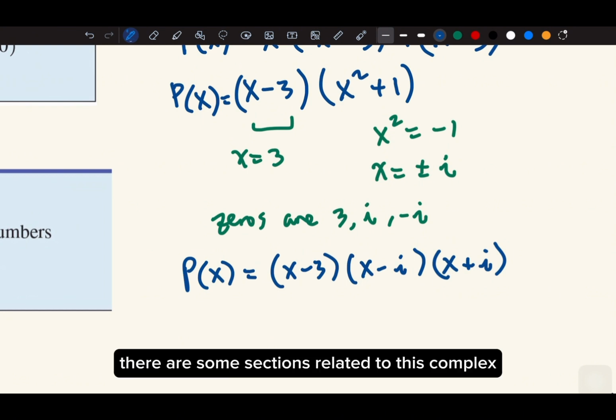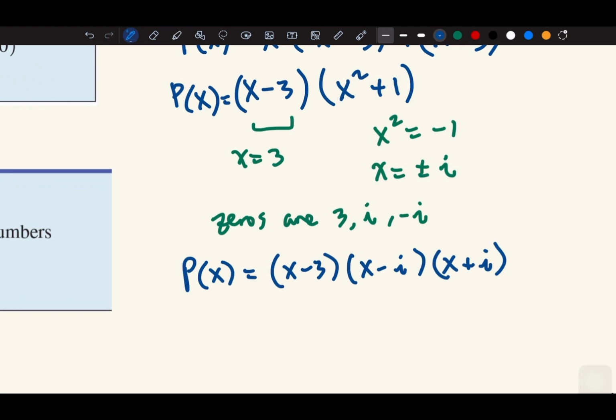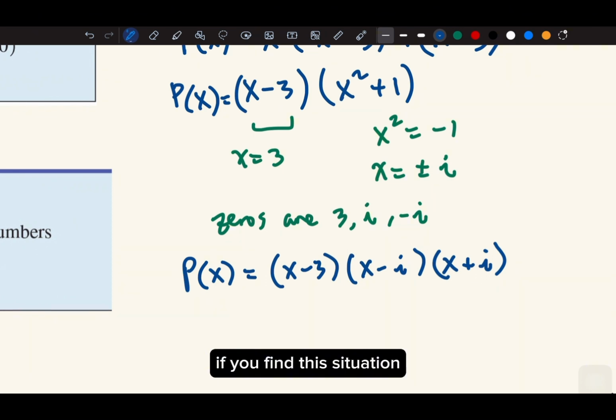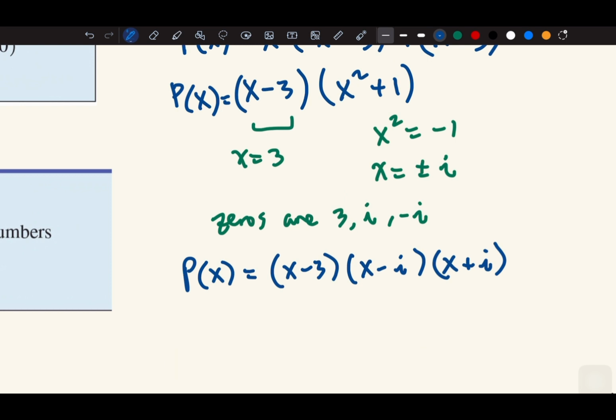There are some sections related to this complex, but I don't want to delve into that much. I just want to say that in polynomials, if you find this situation, sometimes the zeros can be imaginary.